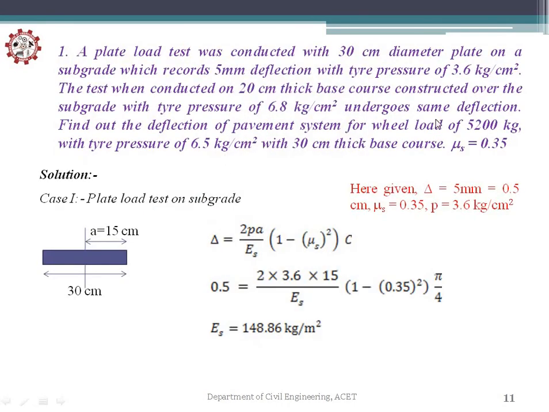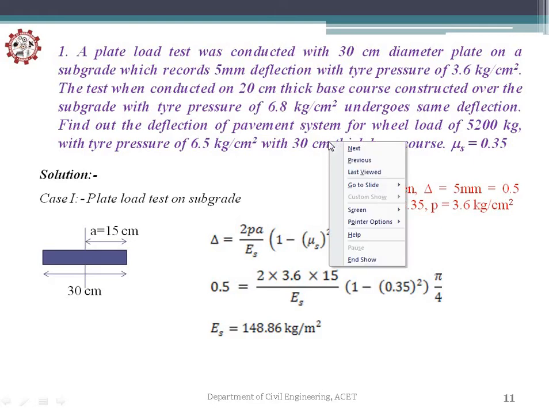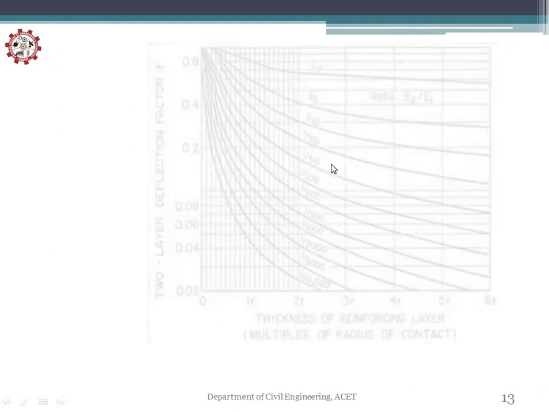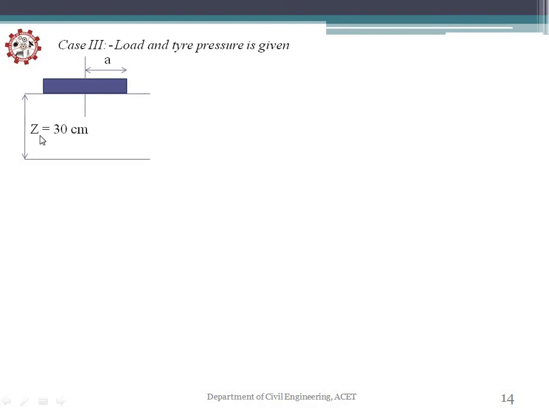So here in the third case you can see that we have to find the deflection when the load is 5200. Okay, the 5200 load is given, 6.5 tire pressure with 30 centimeter thick base course. The thickness is 30. So we have to consider that, and with respect to that we need to calculate the values. So Z is equal to 30 centimeter.